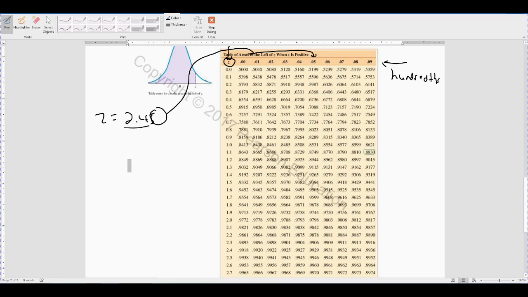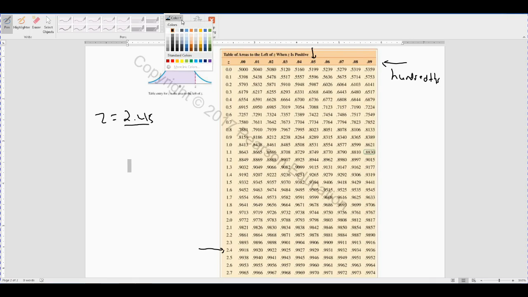So, once again, we're doing 2.45. We come over here, 2.4, we find it here. And then the 5, which is in the hundredths place, we find it here. What we want to do is find where these converge.